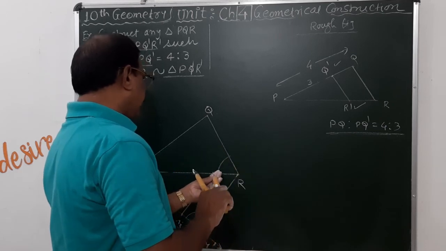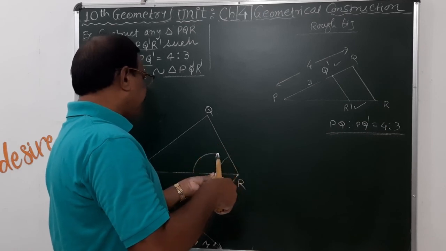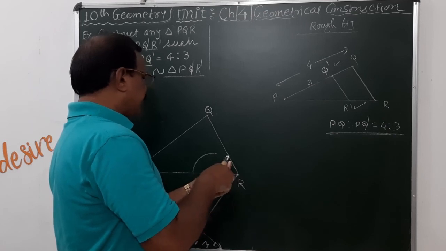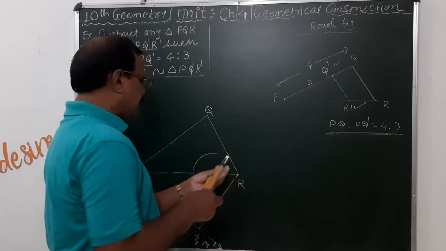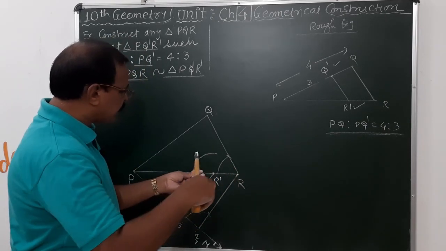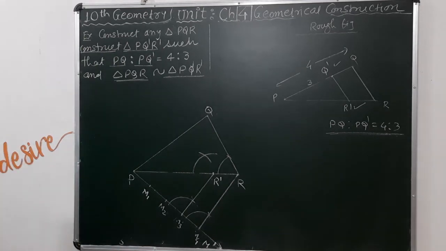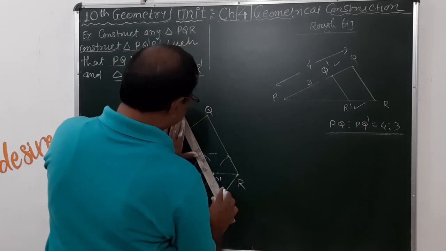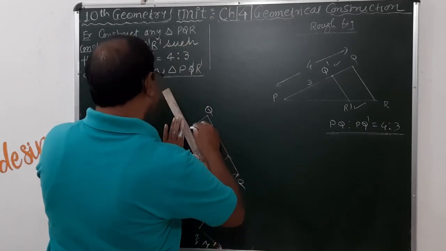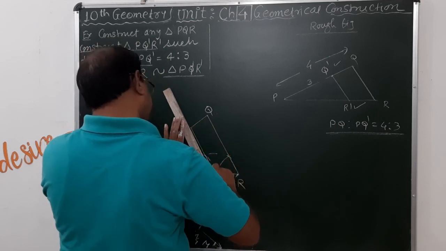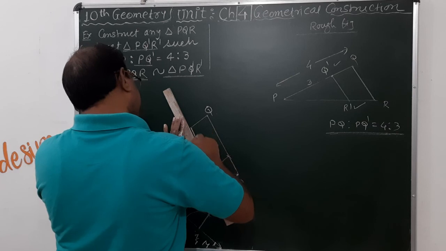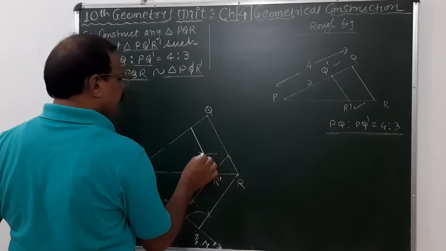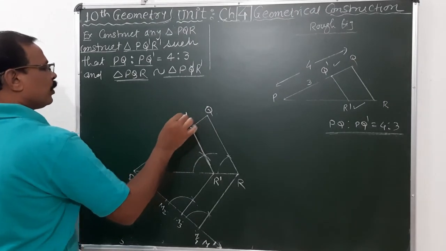So that I draw an angle here. Similarly I draw an angle here also. So then here you take a congruent angle to this angle like this, and therefore to draw a congruent angle like this here, by joining these 2 points here, R dash with this point, now this is our point Q dash here.